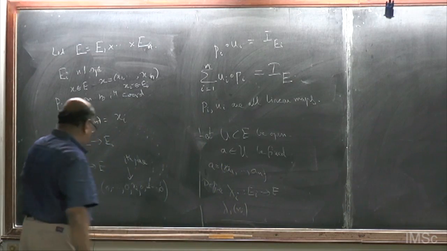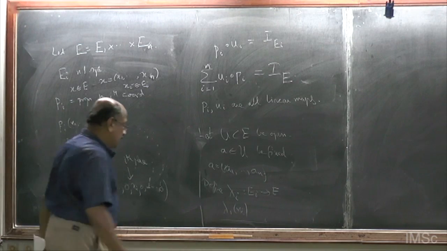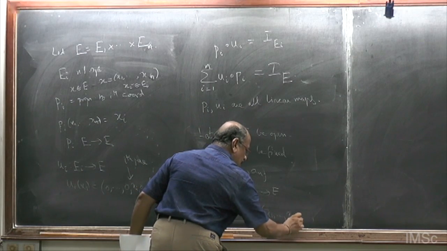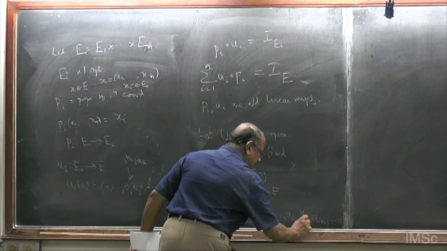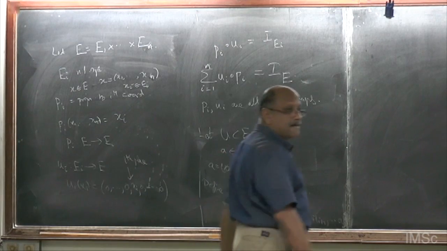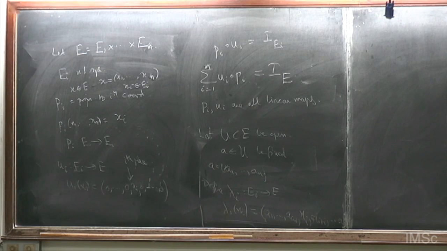So, I already have a ui, which is with respect to the origin. So, this will be now a1 up to ai minus 1, ai plus 1 to an, and in the ith place I replace ai by xi. So, I fix a point A. So, if it were the origin, then lambda i is the same as that ui function.